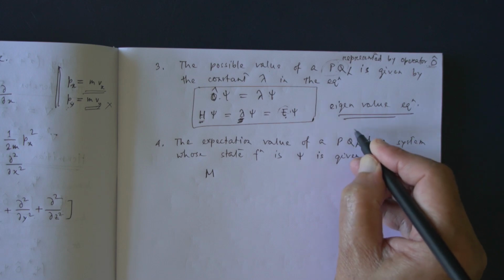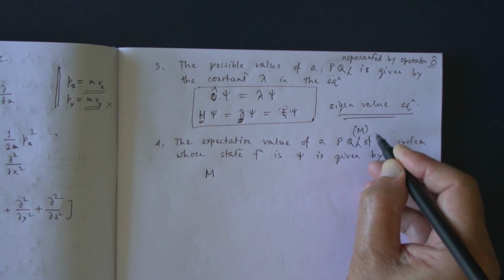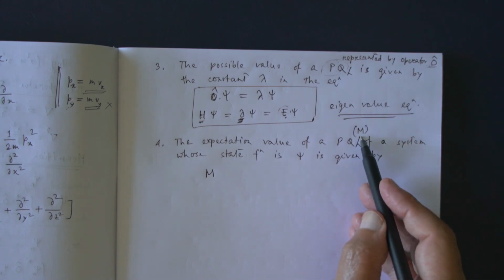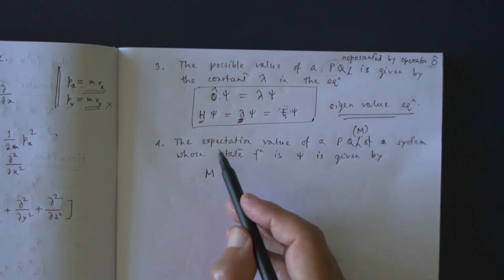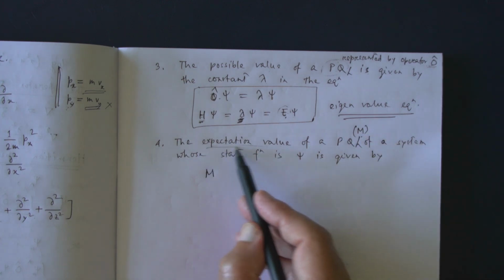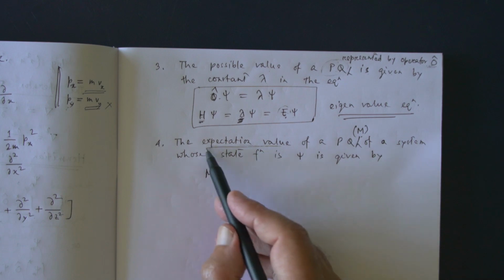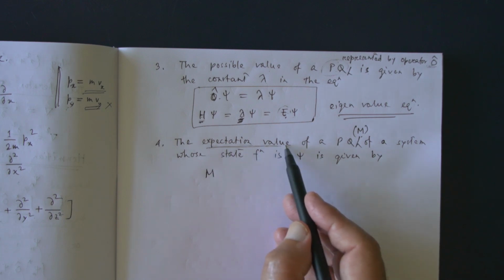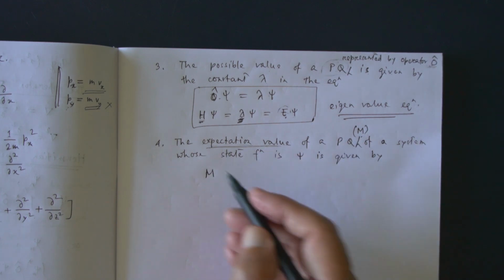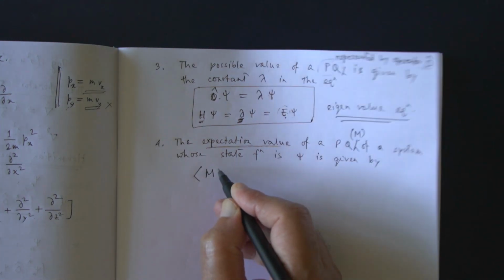Let me represent the physical quantity by m. Expectation value means average value. Average value of a physical quantity is represented by this symbol.